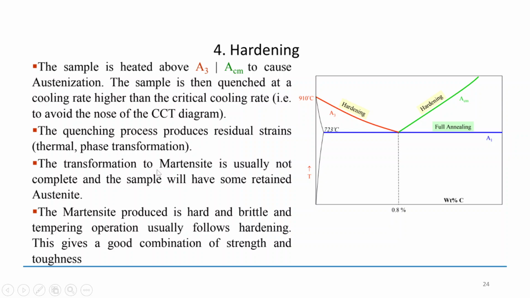The transformation to martensite is usually not complete and the sample will have some retained austenite, and the martensite produced is hard and brittle, and a tempering operation usually follows hardening. This gives a good combination of strength and toughness.